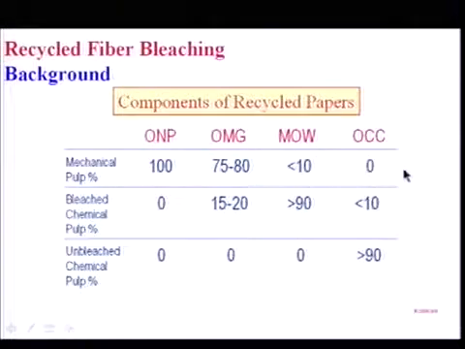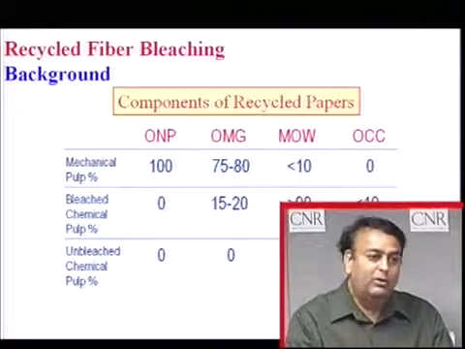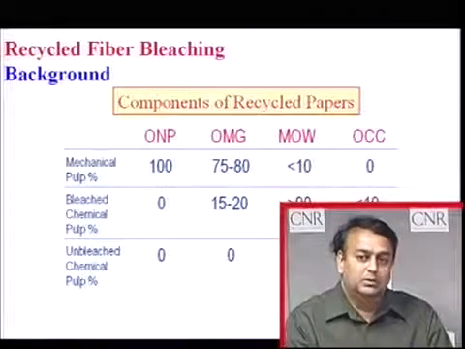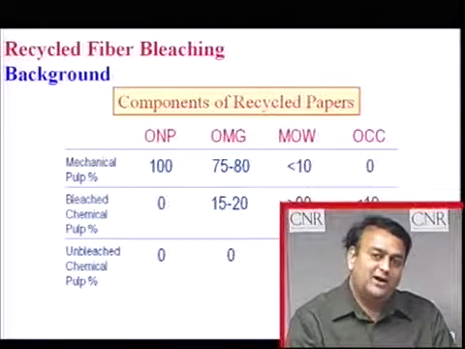Once you divide your raw material in this form, then you know what type of chemical you need. For example, in the case of ONP and OMG, magazine and newsprint, because it contains high amount of mechanical pulp, what you need here is lignin preservative bleaching or brightening chemical like peroxide and sodium hydrosulphide or sodium borohydride based chemicals.